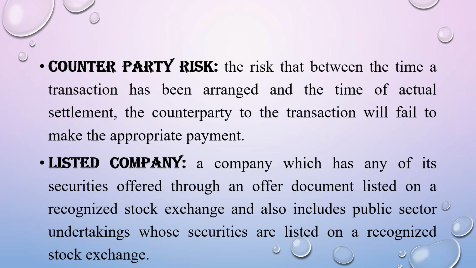Only then are they able to sell their securities to the general public. Securities can be shares or debentures. That is what a listed company is. Examples are Infosys, Wipro, TCS. These are top leading companies which have listed their shares in the stock market.